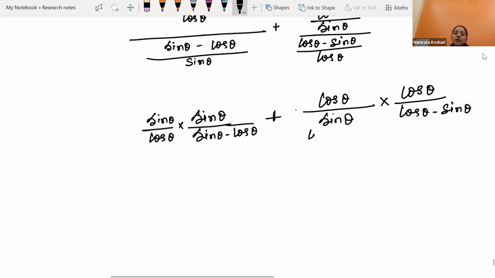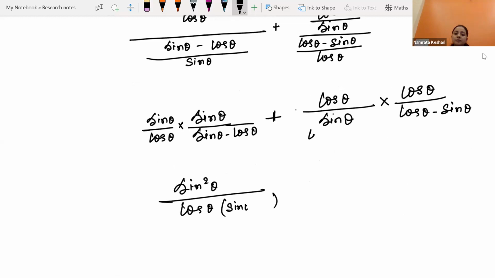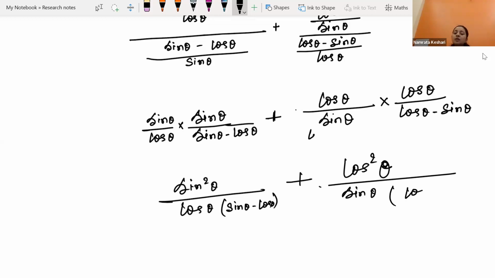Okay, so we are having sin square theta by cos theta, and in bracket sin theta minus cos theta, plus cos square theta over sin theta in bracket cos theta minus sin theta.